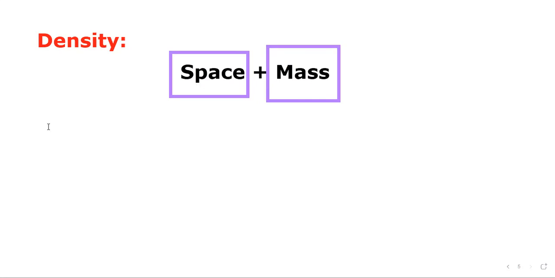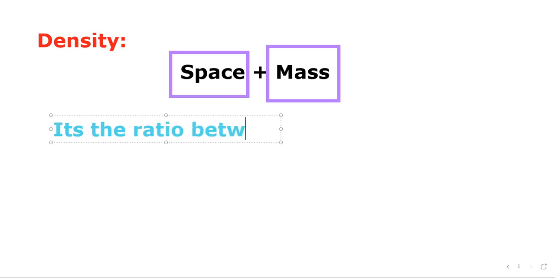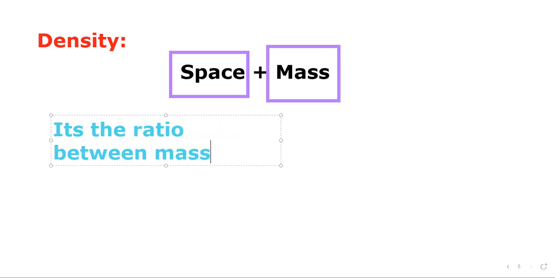So how do we define density? The ratio between mass and volume is called density.